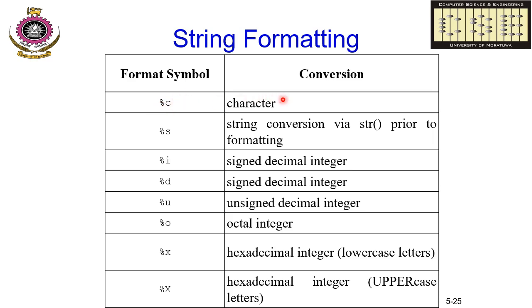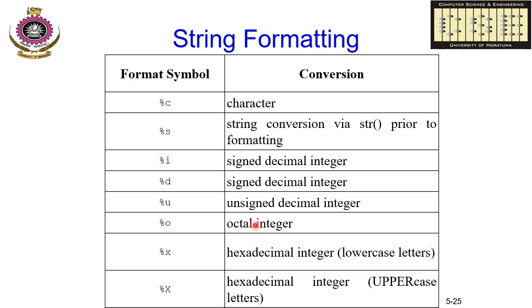Percentage c is for character formatting, and percentage s is for string formatting, conversion of a string prior to formatting. Percentage i is a signed decimal integer, percentage d is a signed decimal integer once again, and percentage u is an unsigned decimal integer, percentage o is an octal integer.